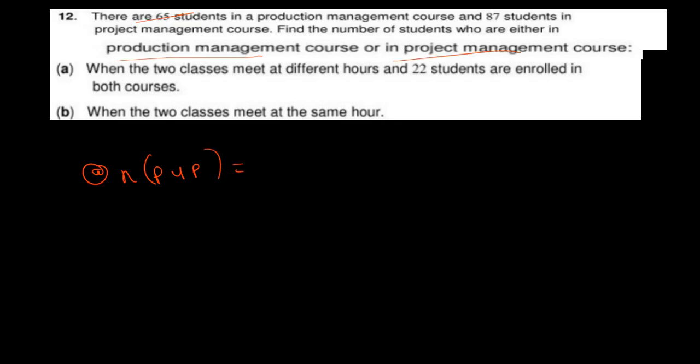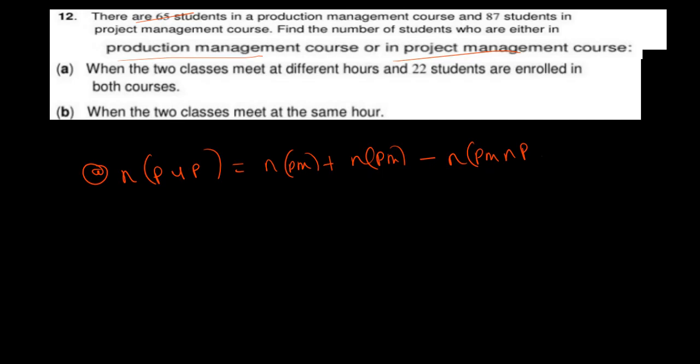So we'll get the number from project management course, plus again the number in production management course, then subtracting now the numbers that are found in the intersection, which is the numbers that are found in project management course and intersection production management.